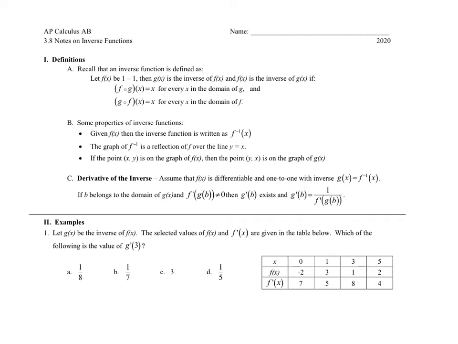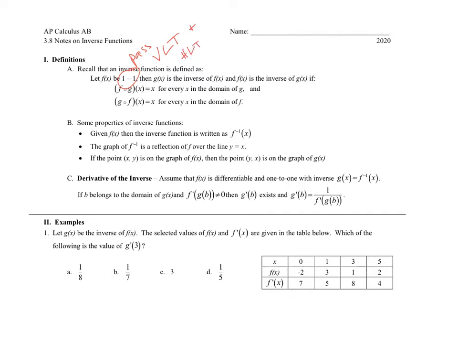All right, so I just want to recall what an inverse function is. An inverse function is 1-to-1, and 1-to-1 means that if I were to graph a function that has an inverse, that function would pass both the vertical line test and the horizontal line test.